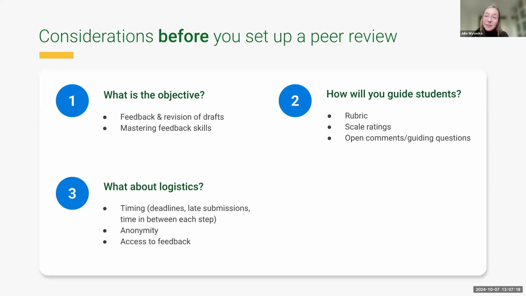And in terms of the logistics, there are also a couple of things to keep in mind. For instance, the timing, making sure that you leave enough time for students to complete their reviews. Also taking into account any exams or other things that students need to complete, making sure that they have enough time for this. You can also implement anonymity. We know that sometimes students feel more comfortable sharing their feedback and questions when they're anonymized.